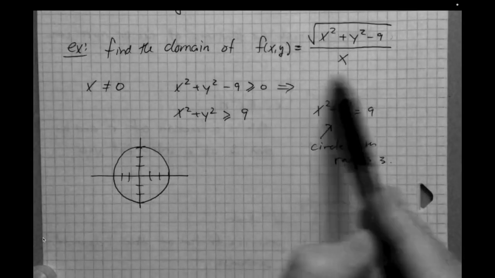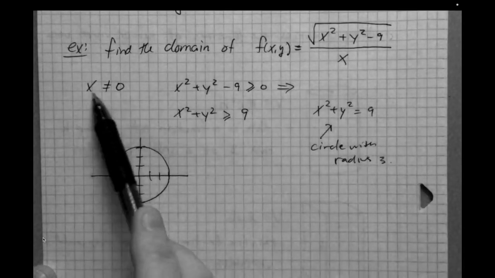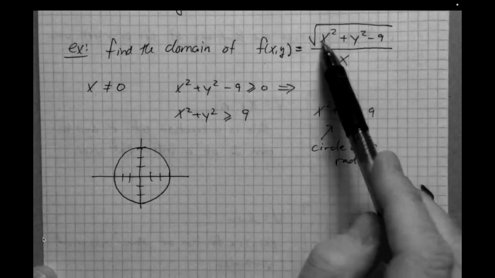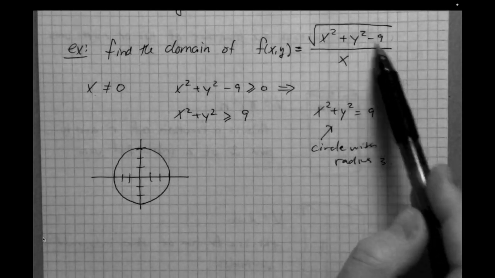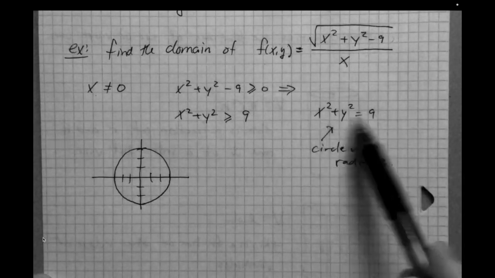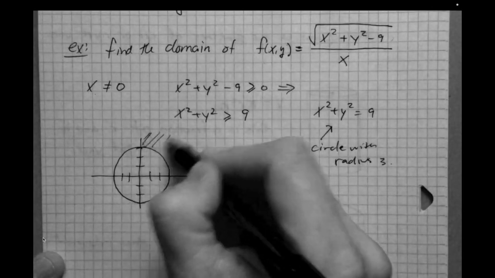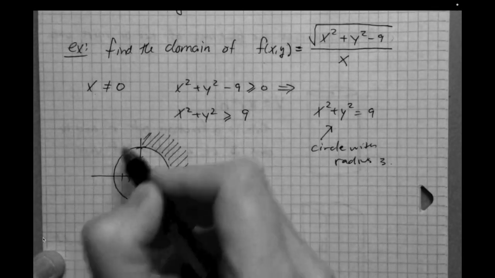And so what this is saying is that in order for this function to be real valued, first of all, x can't equal 0, and second of all, x and y together, when you square them and add them together, have to be greater than or equal to 9. So the domain is this whole region outside of this circle.